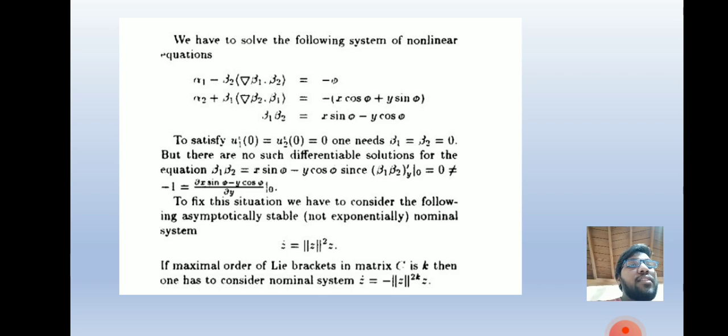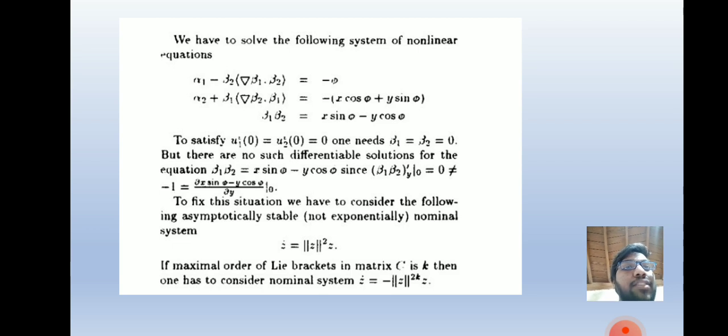So for the equation beta 1 beta 2 is equal to x sin phi minus y cos phi, we don't have a beta 1, beta 2 equal to 0 solution, since the derivative of beta 1 beta 2 with respect to y at 0 is not equal to minus 1, that is equal to x sin phi minus y cos phi by delta y.